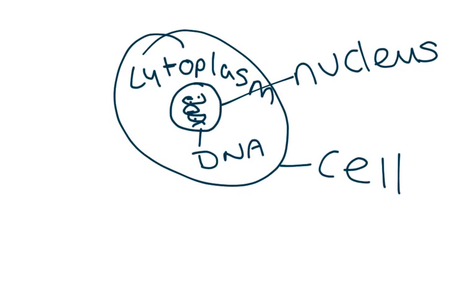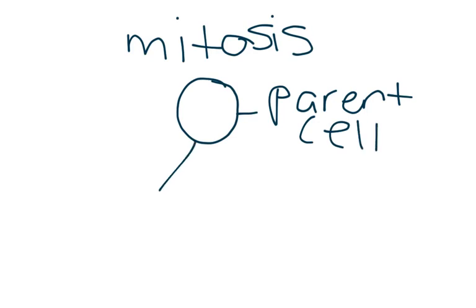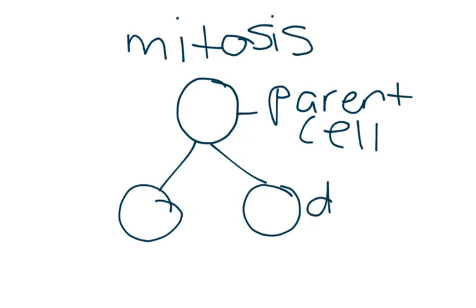But if it can't get out, then how does it make the new cell? Because we need to transfer the genetic information from our original cell into the new cell. So if we quickly look at something called mitosis, we have our parent cell, and that parent cell divides to form two identical daughter cells.